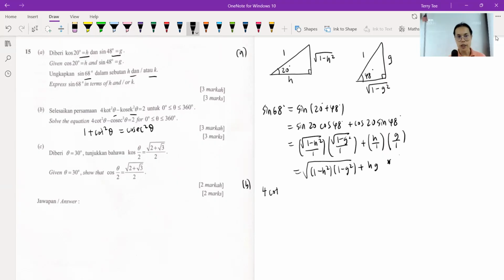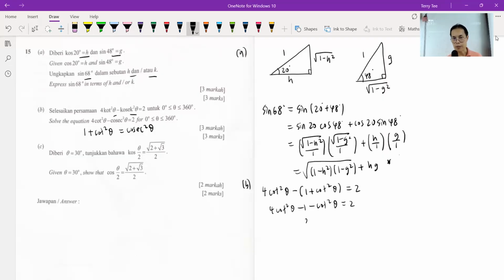So we change cosecant squared to cotangent. We keep cotangent, and cosecant squared is replaced with 1 plus cotangent squared. This formula is given in the exam. So 4 cotangent squared theta minus 1 minus cotangent squared theta equals 2.